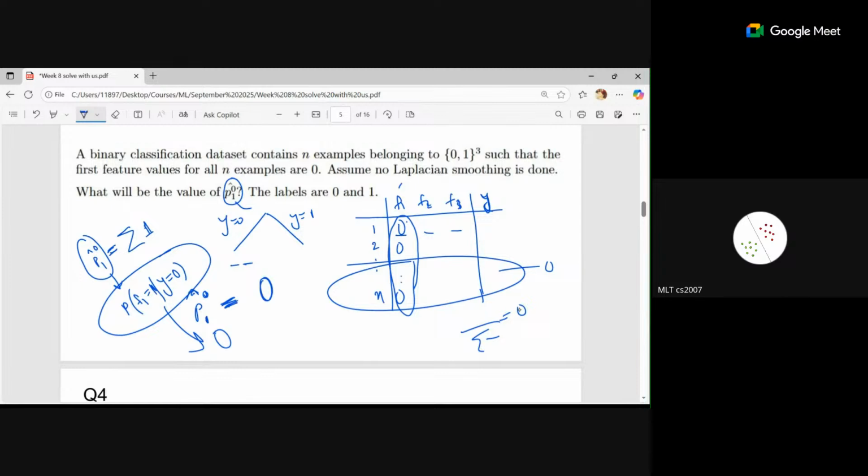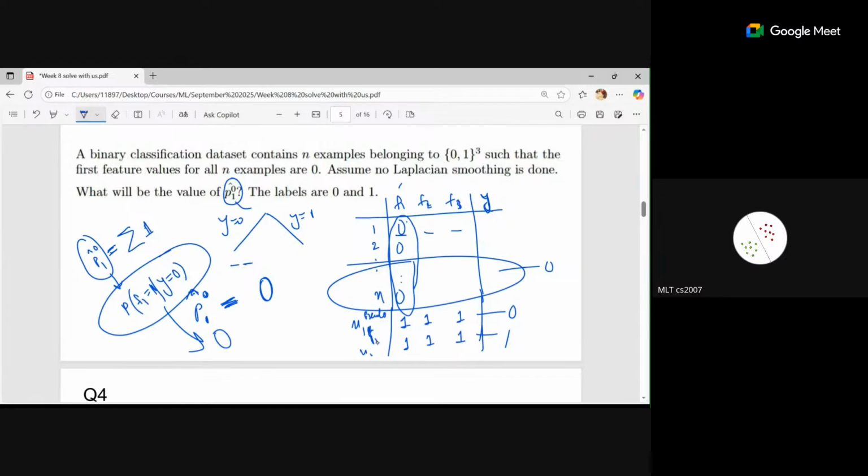Yes. So what do we add? We add maybe all the ones with label 0 and all the ones with label 1. So we'll add two pseudo examples, maybe x1 pseudo and x2 pseudo.